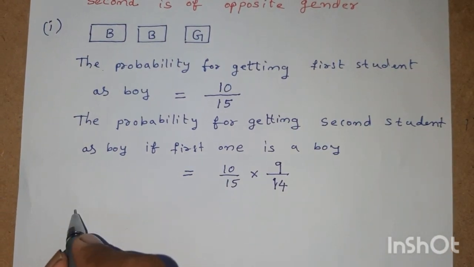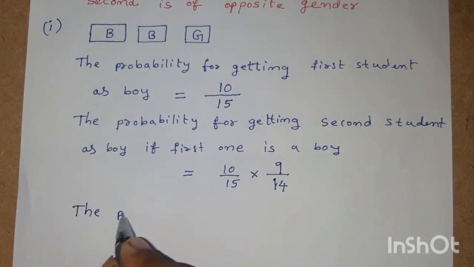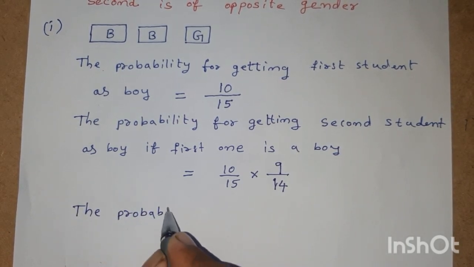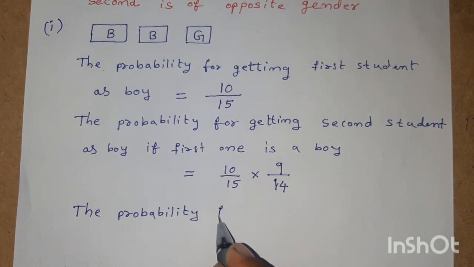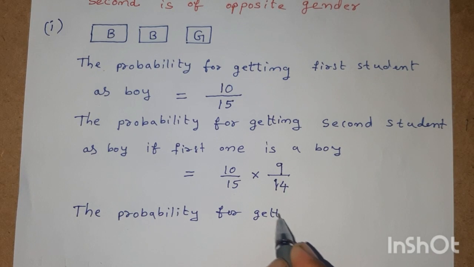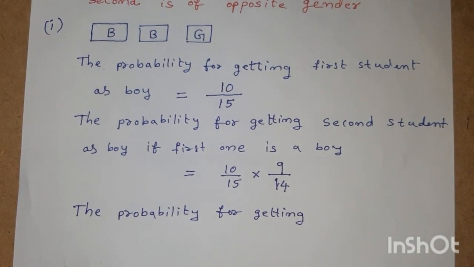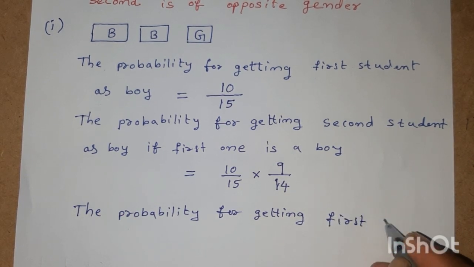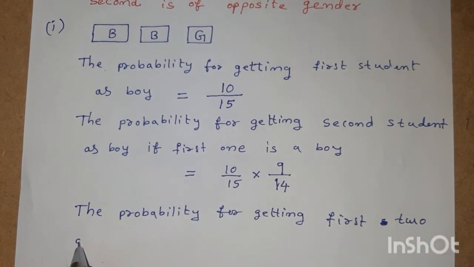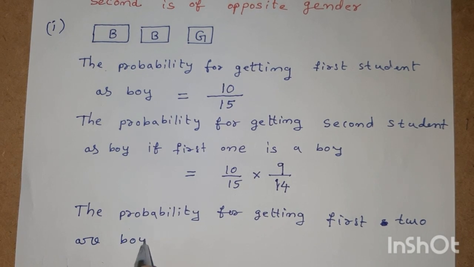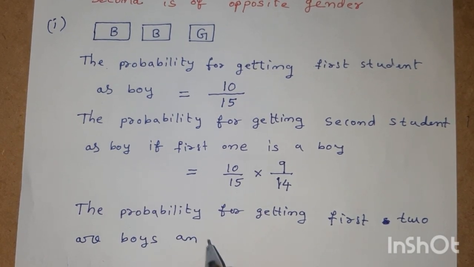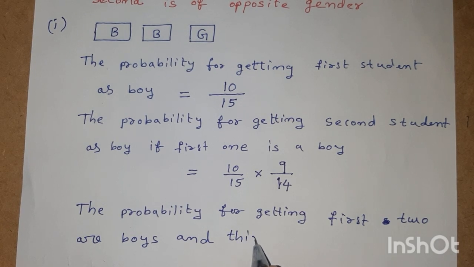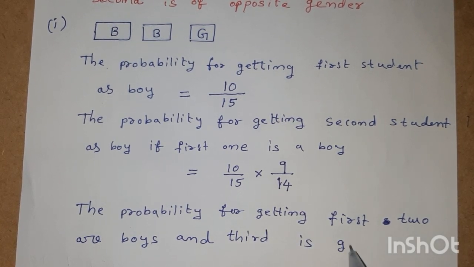Now, finally, the probability for getting the first two as boys and the third as a girl.